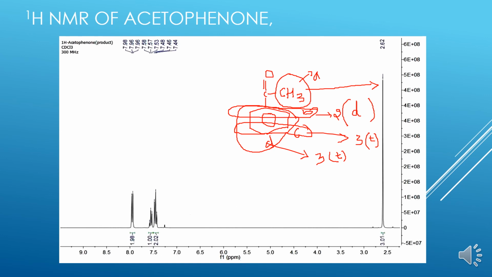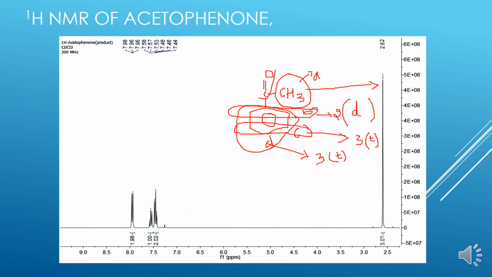If your molecule has electronegative atoms such as nitrogen, oxygen, and halogens, they de-shield the hydrogens. The extent of de-shielding is proportional to the electronegativity of the heteroatom and its proximity to the hydrogens.